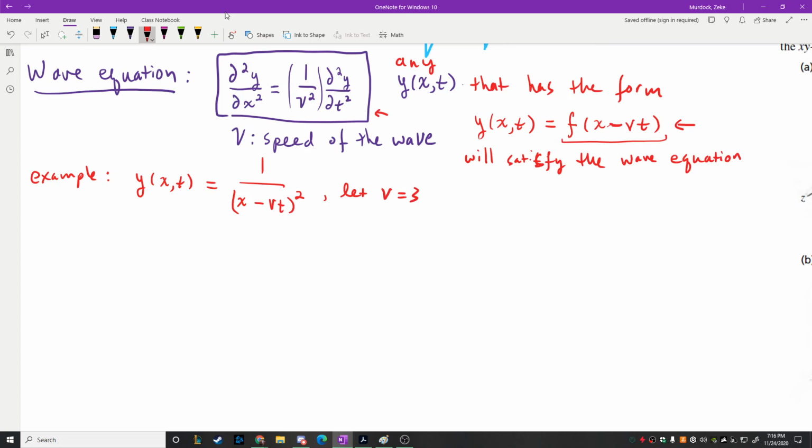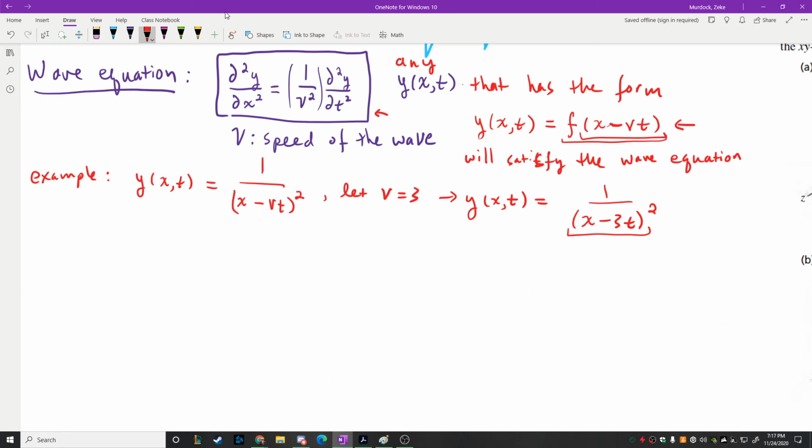Okay? So then our equation would become y of x and t equals 1 divided by x minus 3t, whole squared, like that. This whole function has to be the function, right? When I say function of x minus vt, x minus 3t whole squared is a function of x and t, right?